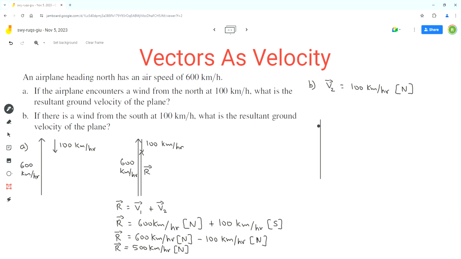So this vector represents the airplane's velocity, and the wind velocity is also in the north direction.